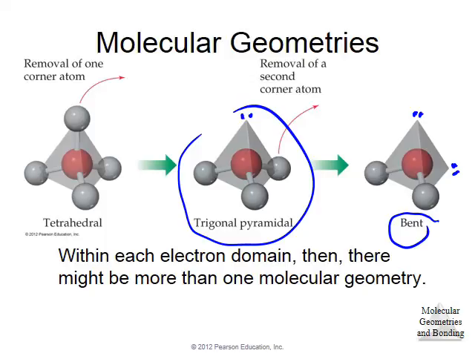So when you take the picture, you'd only see the bonded atoms, and it would look like trigonal pyramidal. In the first case, all those electron pairs are bonded, and that's why the molecular shape in the first case is going to be tetrahedral. So from tetrahedral, you can get trigonal pyramidal and bent or nonlinear shape as you keep on removing the bonded atoms, leaving behind their electron pairs.